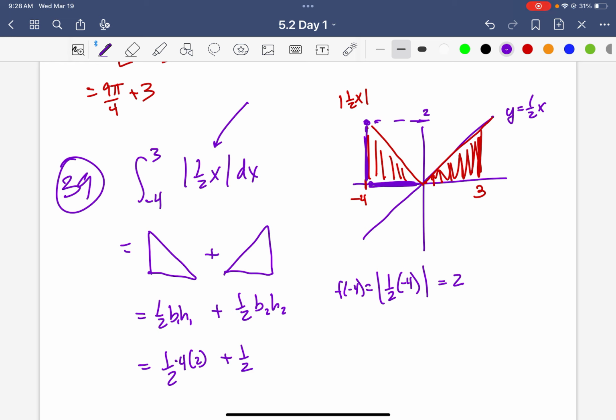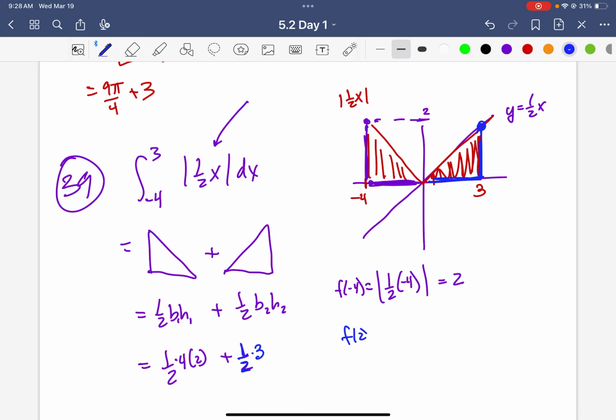Plus 1/2, well, this base over here, maybe I make it blue, this base over here is going to be 3. And then this height, again, is going to be f of 3. Plug in 1/2 absolute of 3. So that's just going to be 3 over 2.